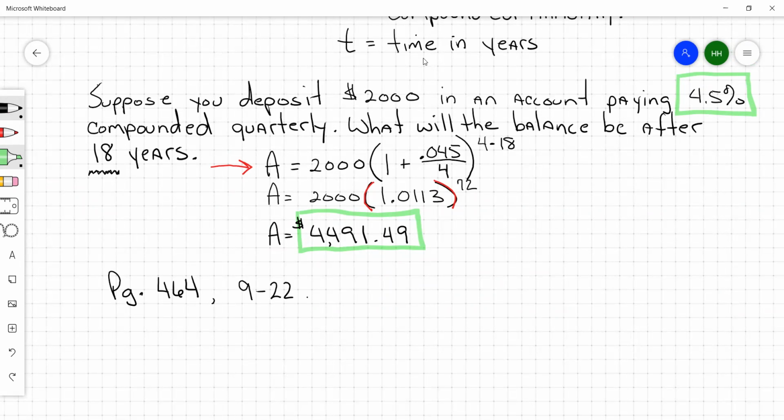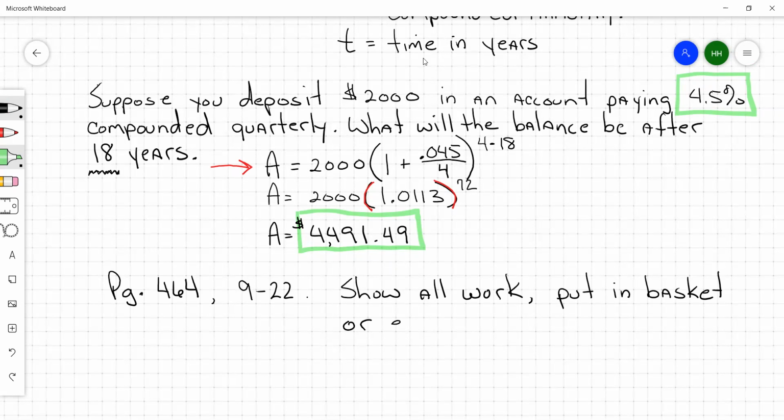All right, if you want credit for the assignment, you're going to have to show all your work. You're going to put the assignment in the basket, or you're going to email a picture.